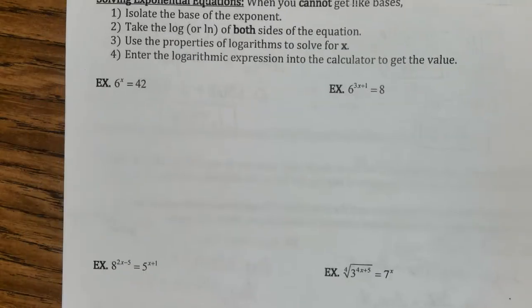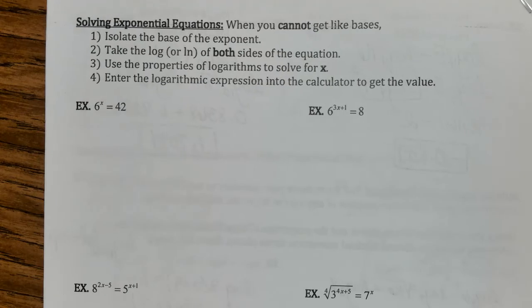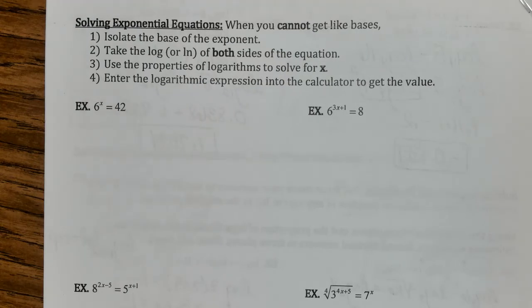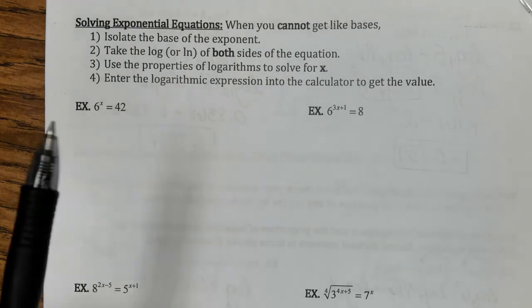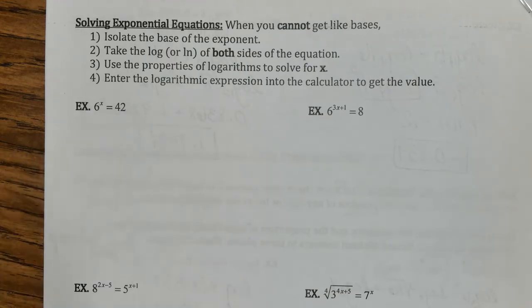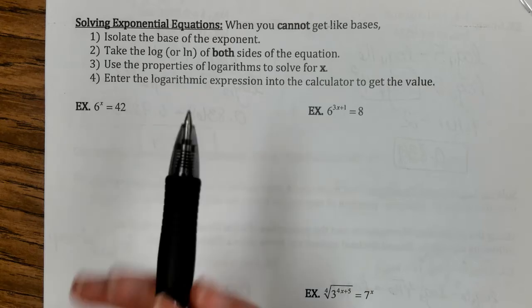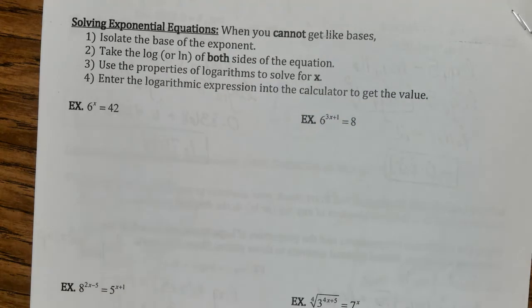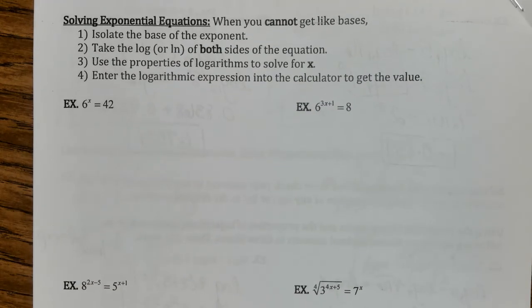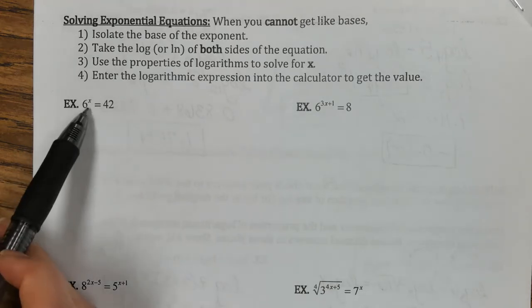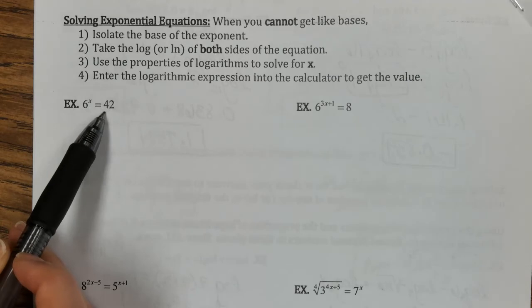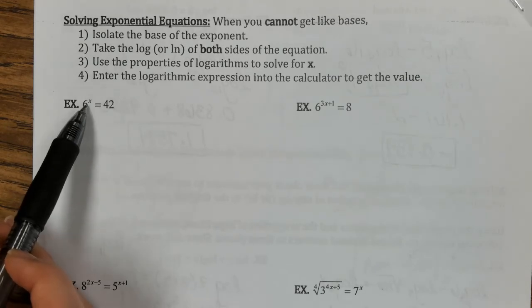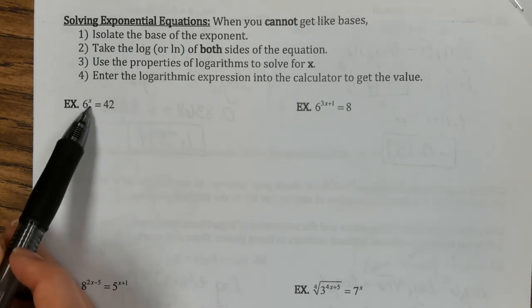Alright, now what about when you cannot get like bases? You're going to isolate the base of that exponent, then take the log or the natural log of both sides. Use properties of logs to solve for x, and then you're going to get the value of whatever you're solving for. So if I have 6 raised to the x equals 42, this is already isolated. So I'm going to take the log of both sides.